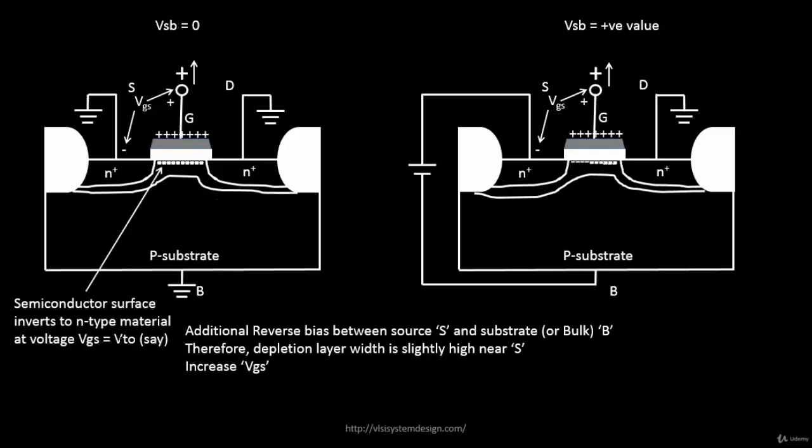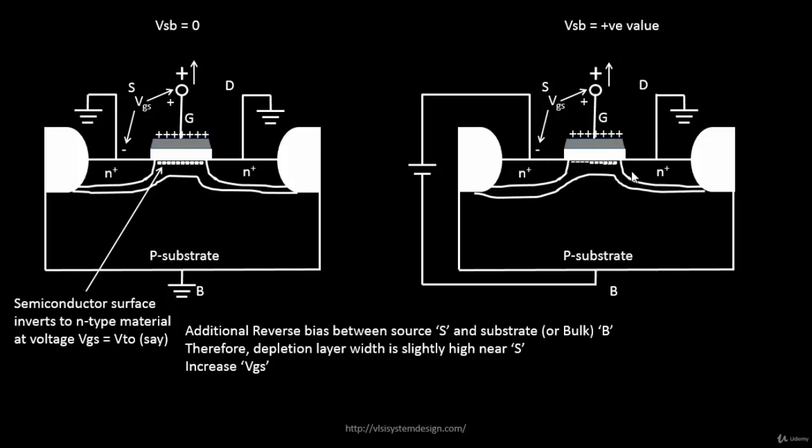And that gate to source potential, we call it VT in the previous case. In the absence of VSB, let's call it VT0. So basically we'll define VT0 as the threshold voltage at which the semiconductor surface inversion happens in the absence of VSB, whenever VSB is 0. But when VSB is at some positive potential, you still don't have the surface inversion happening.